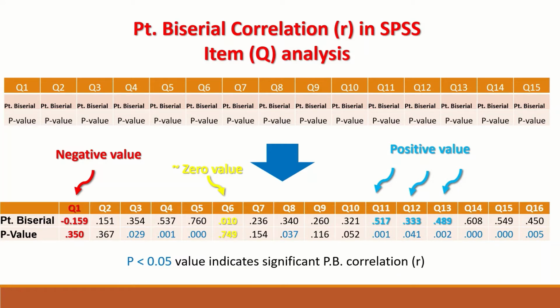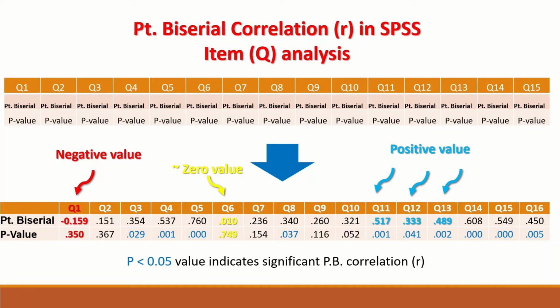If we look at questions number 11, 12 and 13, we can see that the R value is very high, 0.51 for question number 11, and the p-value is less than 0.05. So question number 11 is a very good question in discriminating between students, categorized as a very good question.